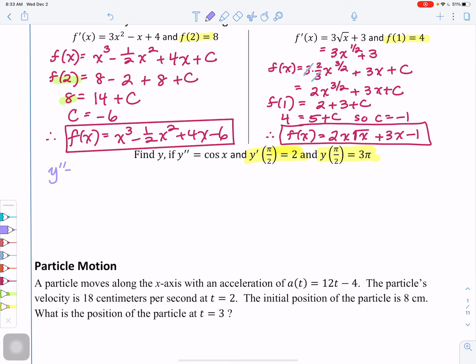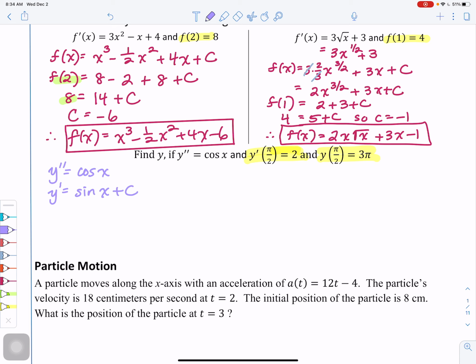Y double prime is equal to the cosine of x. So it must be that y prime is the sine of x plus a constant. Now, I have taken the antiderivative of the second derivative and found the first derivative. Can I solve for c? Yes.